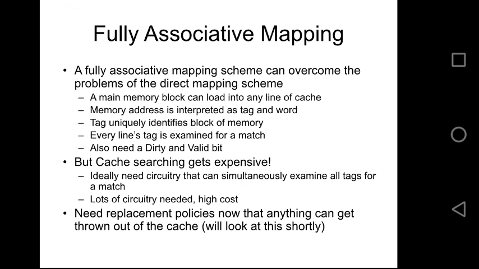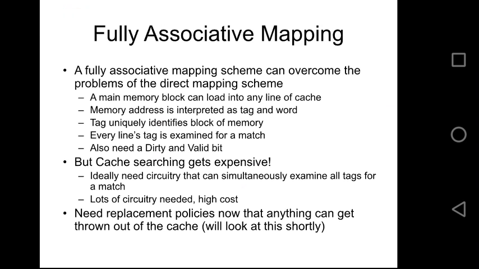So both 125 and 135 can be present in the cache at the same time. The memory address is interpreted as a tag and word. The tag uniquely identifies the block of memory. Every line's tag is examined for a match. Also, we need a dirty and valid bit.